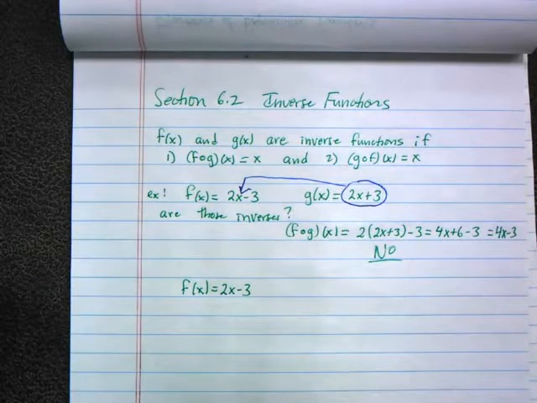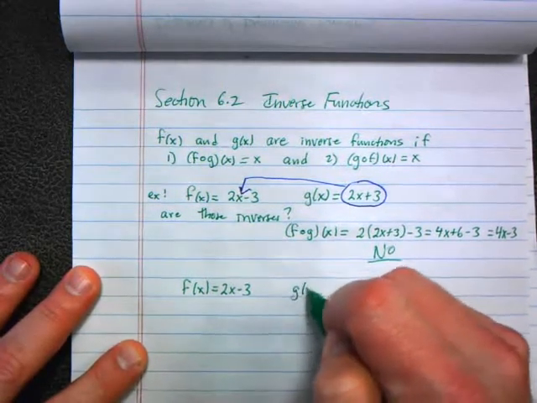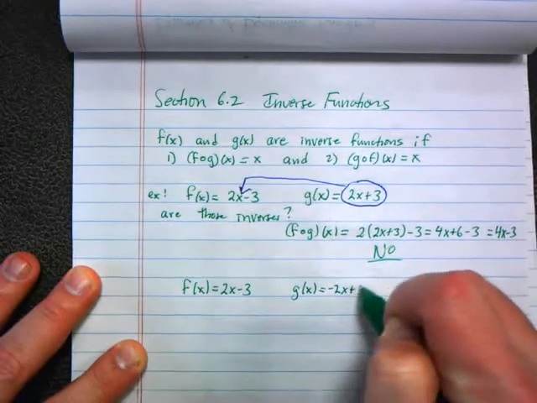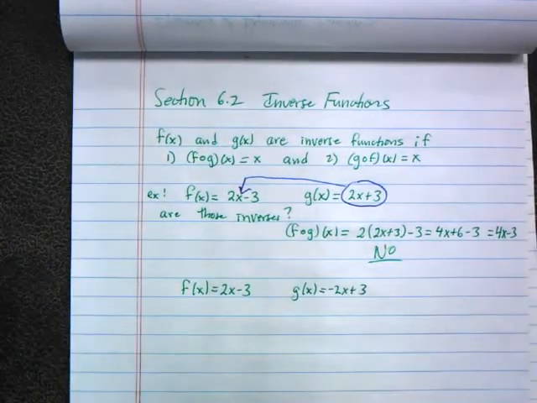Well, let's try again. F of x equals 2x minus 3. Anybody got a different guess as to what the inverse might be? Negative 2x plus 3. Another good guess. Unfortunately, also wrong.